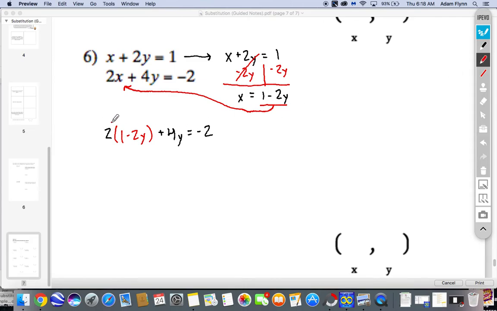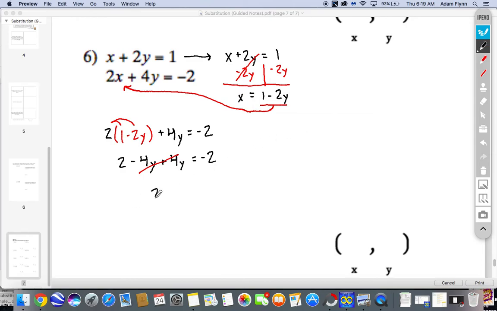I will distribute to get rid of parentheses. 2 times 1 is 2. 2 times negative 2y is negative 4y. And then the rest of my equation, plus 4y equals negative 2. If I combine like terms on the left side, negative 4y plus 4y will cancel.